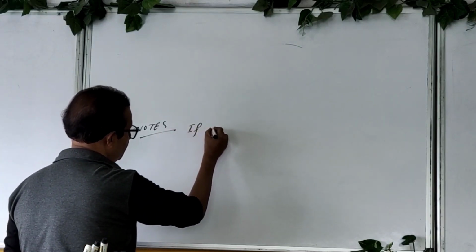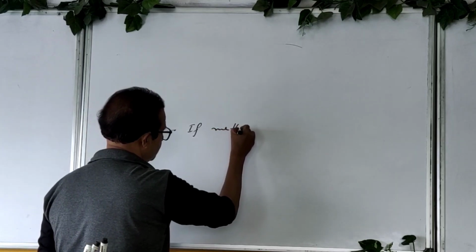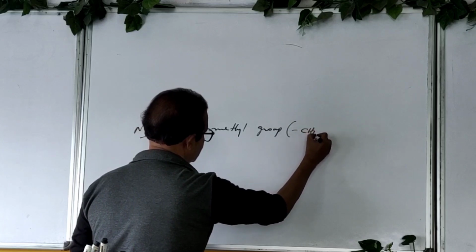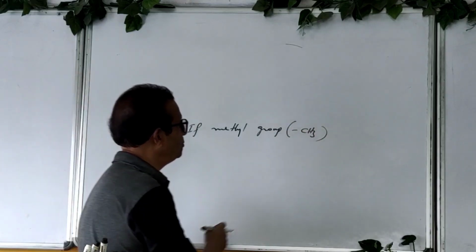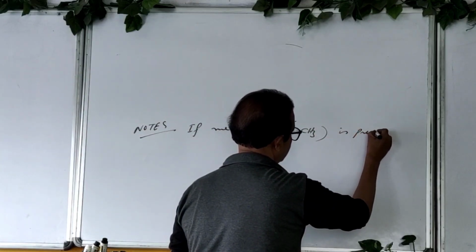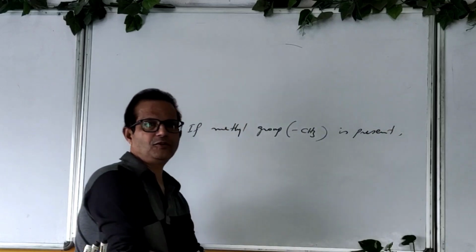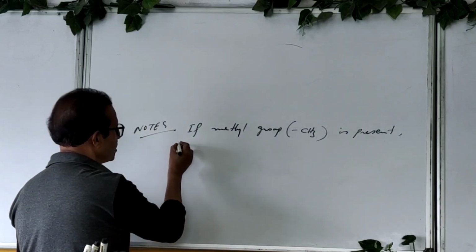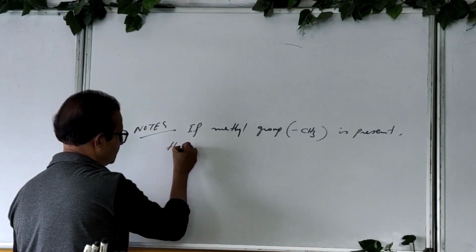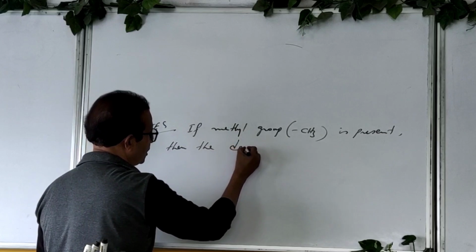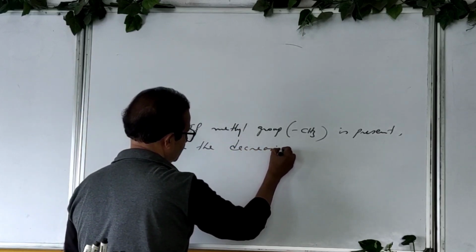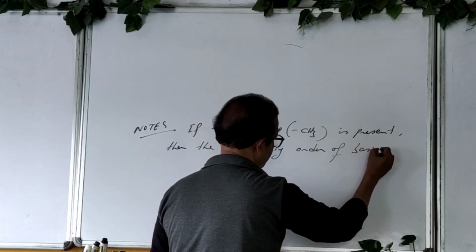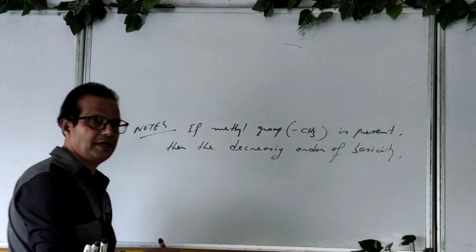If methyl group, that is CH3, this is not a negative charge, this is the bond. If a methyl group is present, then the decreasing order of basicity, write it, okay?